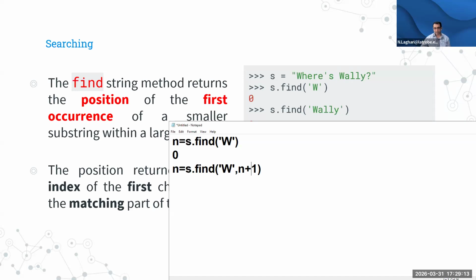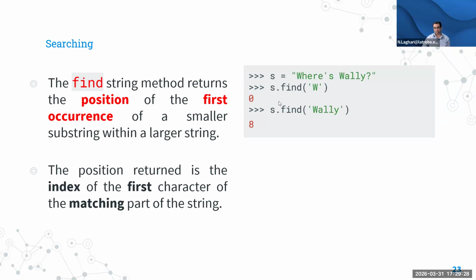And if there are any further, we can keep going on until we reach the end of the string. So this is how we can find all the values, or all the substrings rather. Okay.